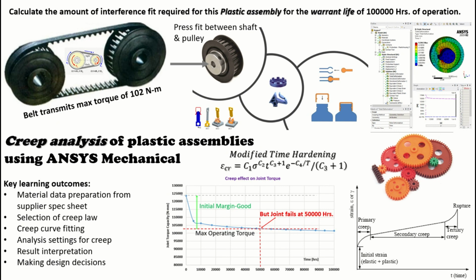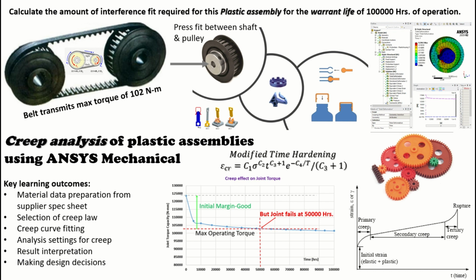Let me summarize what we have done so far. We have taken a plastic pulley press fitted over a shaft to transmit a certain amount of torque through a belt system, and we have gone through the entire process of selecting the material data, selecting the creep law, curve fitting, analysis settings for the creep requirements, result interpretation, and how to make design decisions.